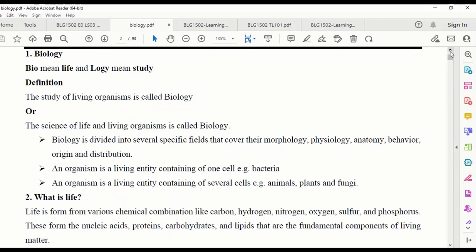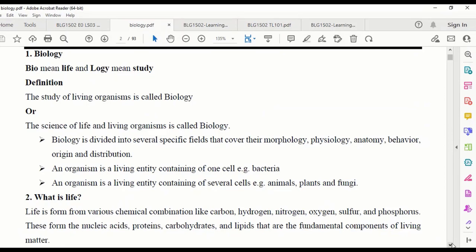But in basic biology, we need to start from the bottom. So these are the terminologies that are like a hierarchy to show you what is what. So biology is the study of living organisms.